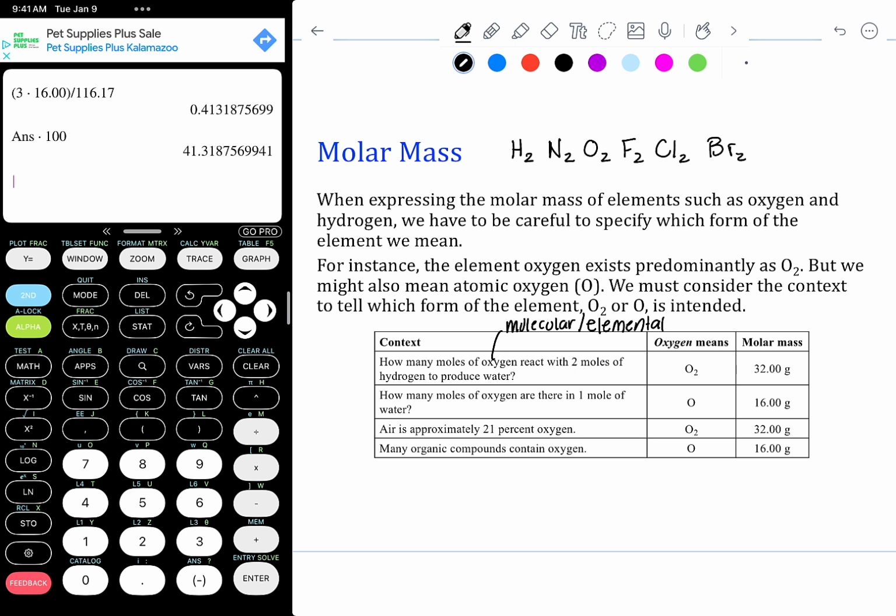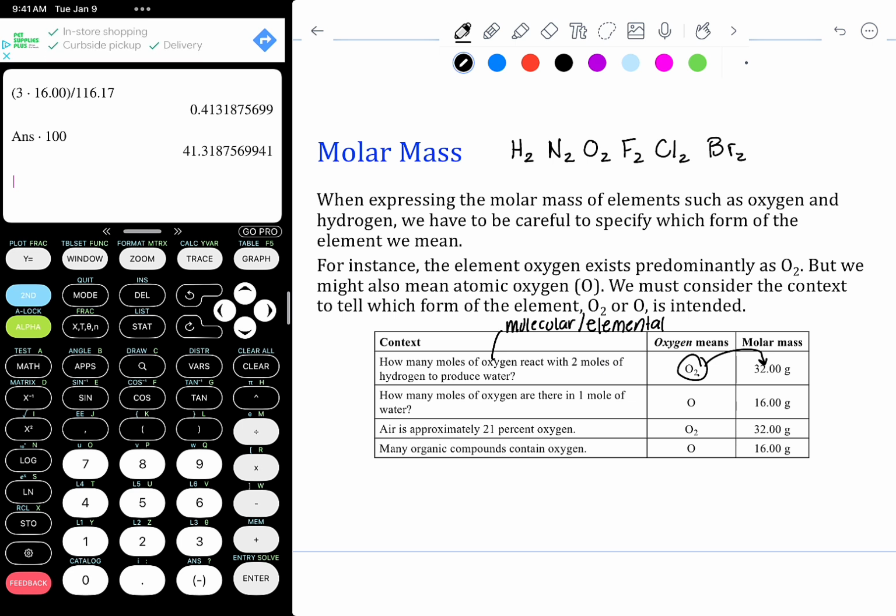But we may also mean atomic oxygen as O, so we have to consider the context to tell which form of the element we are using. When we're talking about oxygen reacting with something, that would be molecular oxygen. It's the oxygen in the air, so it would be O2. And O2 has a molar mass of 32.0, 16 times 2, because there are 2 oxygens in molecular oxygen.